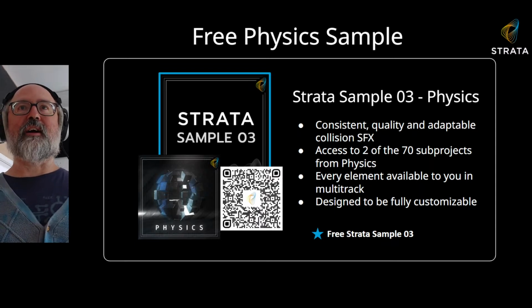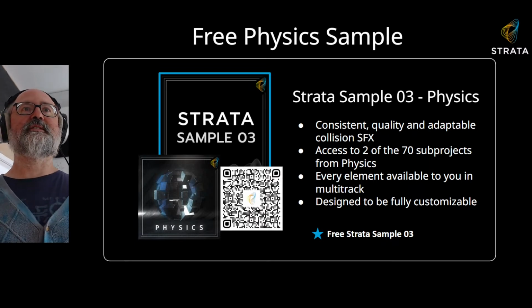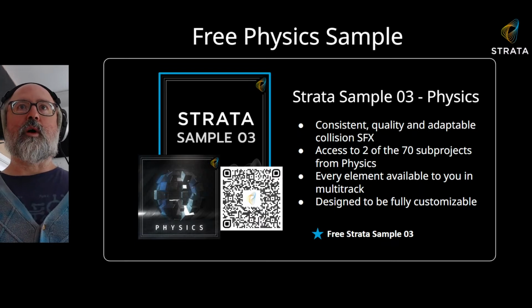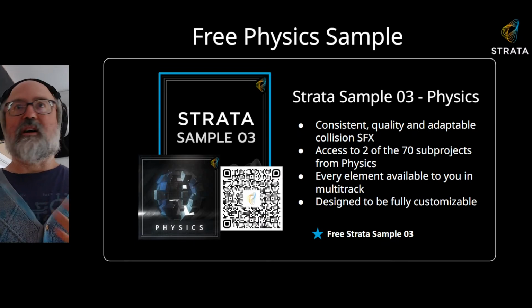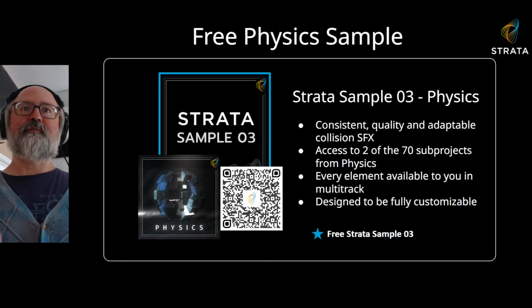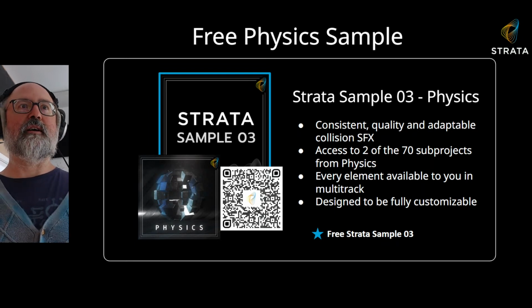This is based on our physics collection. So this is our Strata Sample 3 physics, made from the ground up for games that need variations, that need different perspectives, that need surfaces.